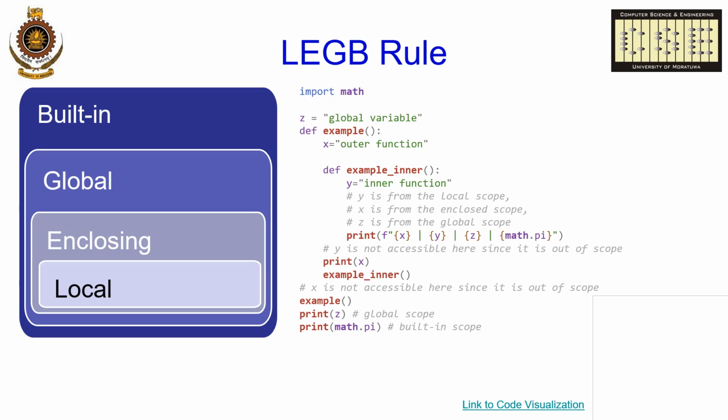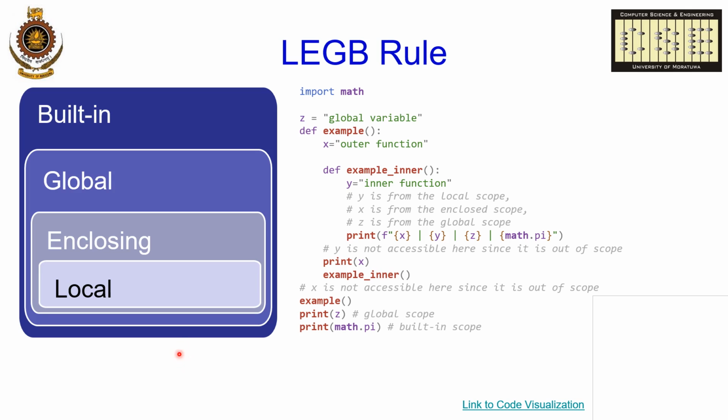Let's look at a bit more advanced scenario of scoping of variables beyond just global versus local scoping. This is referred to as the LEGB rule of Python. We now have 4 scopes: local, enclosing, global, and built-in.